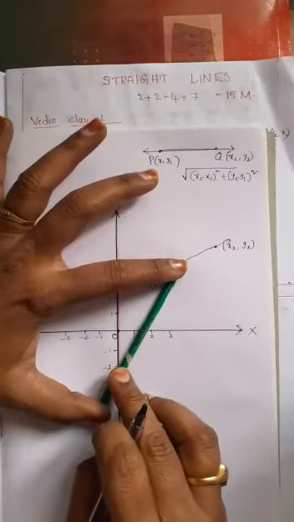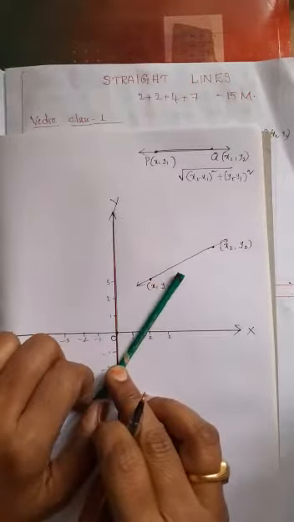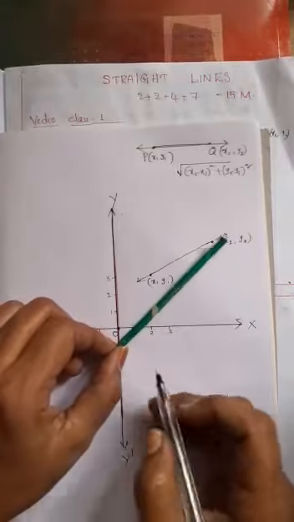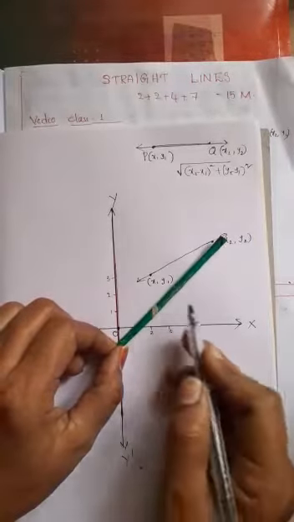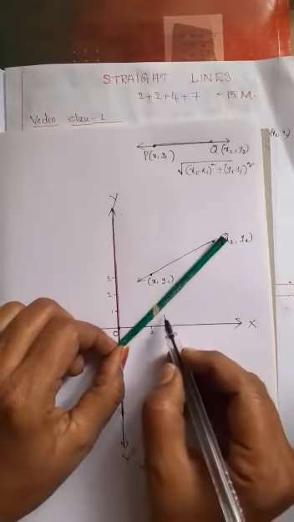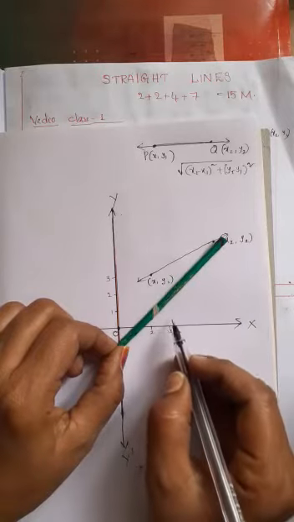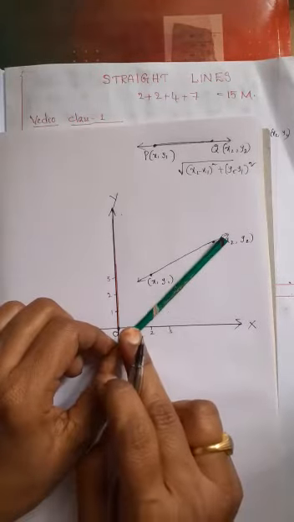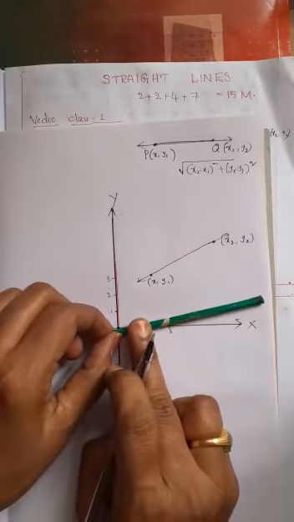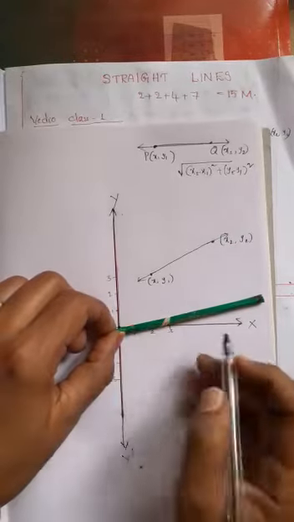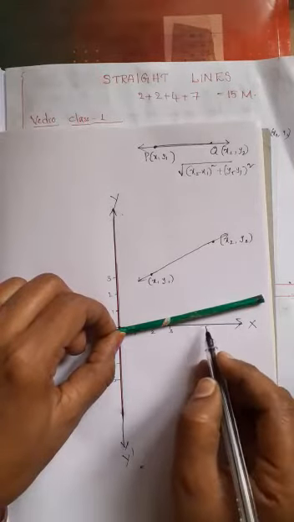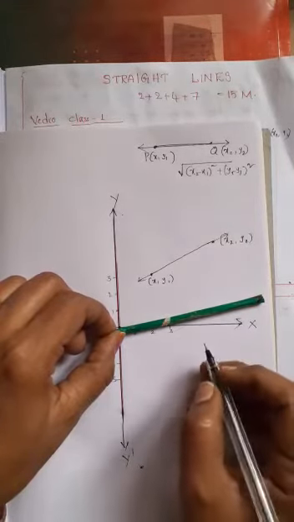How do you find that slope? We will consider the positive x axis. If you observe this line, how much it is inclined with the positive x axis is taken as theta. This theta varies with the steepness of the line. If the line is less steep, the inclination with the positive x axis is small.